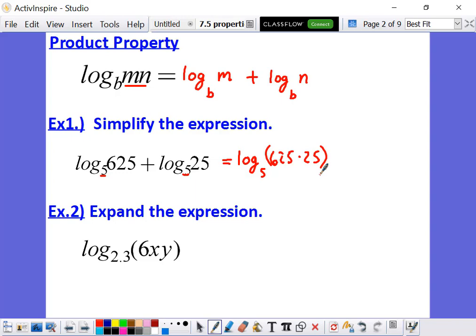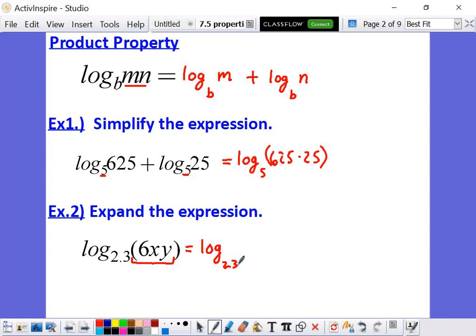Okay, so if we look at example 2, expand the expression. What we can do to expand this expression is we look to see that we're taking the log of a number, and there's actually three things that are being multiplied there, 6 times x times y. So I can actually split that up into three different logs. The base stays the same in all of them.